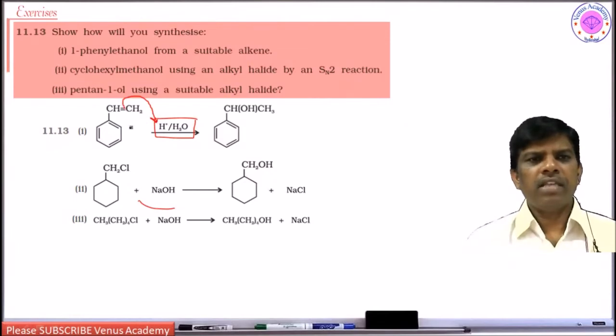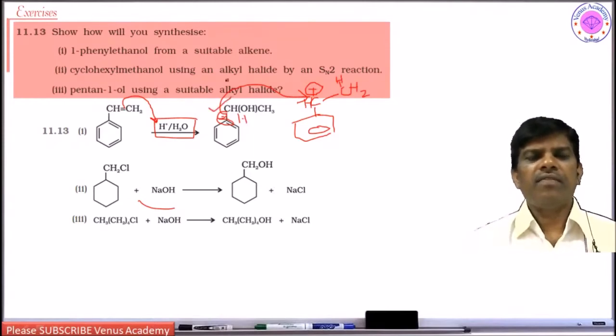So the first step is, it is going to take a proton to give the intermediate of secondary carbocation, where benzylic carbocation is going to be formed. So this is CH is going to form CH and CH2, and hydrogen is added now. So now what is left over in the reaction mixture? OH. So OH will attack onto this to give 1-phenyl ethanol. So it is the 1-phenyl ethanol they are asking. So it is 1-phenyl ethanol.